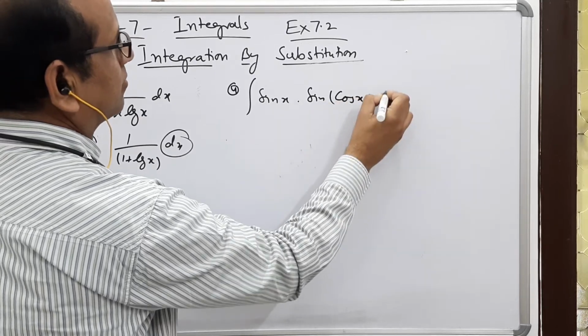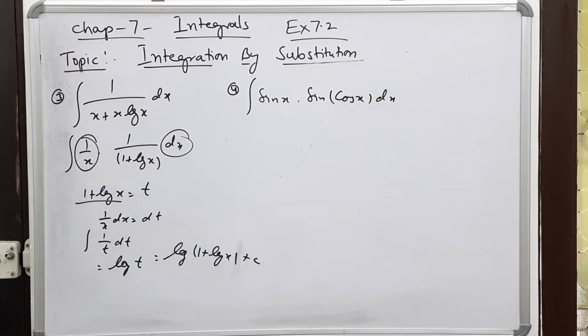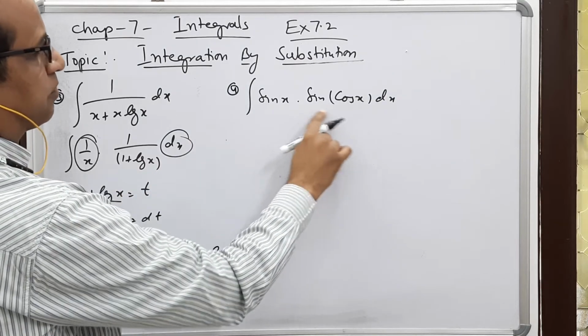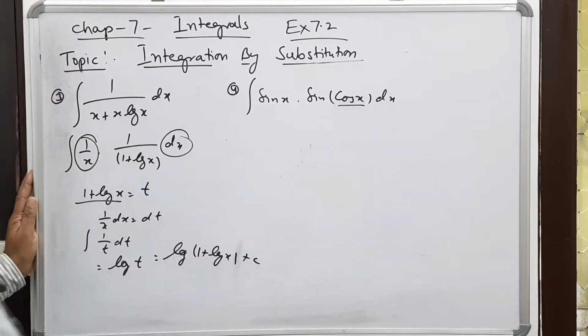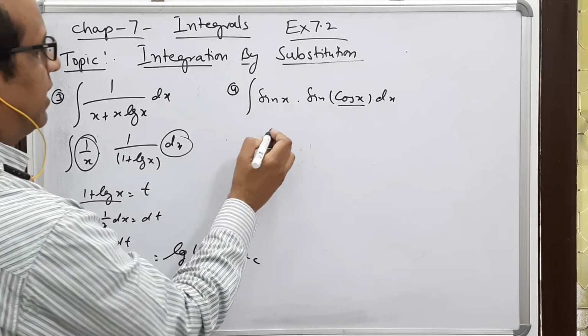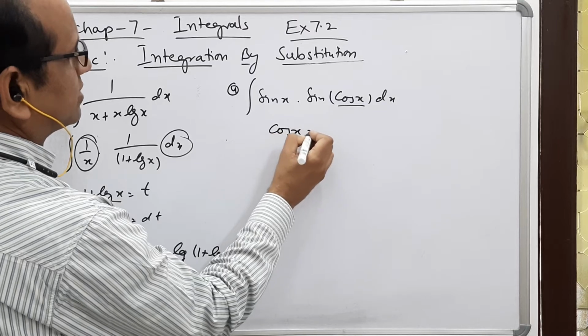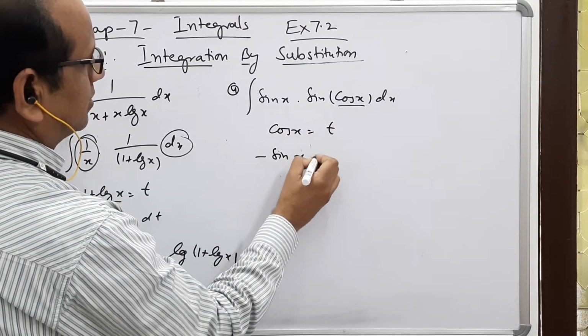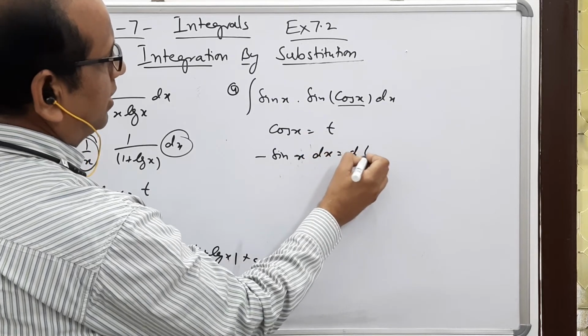See this part. Now here this is function of function. So this part is having the derivative as sin x. So we can take cos x as t, and minus sin x dx will be dt.